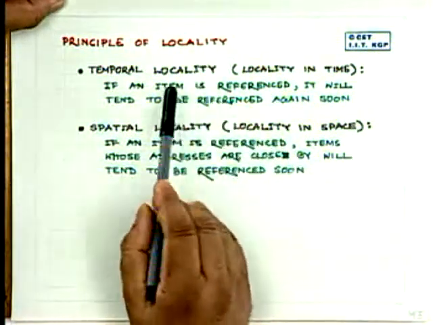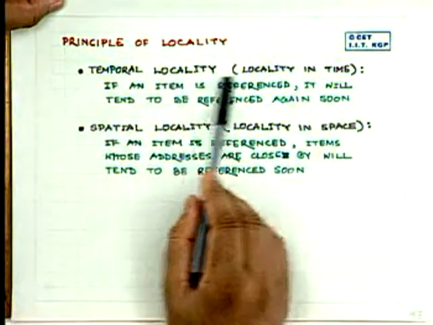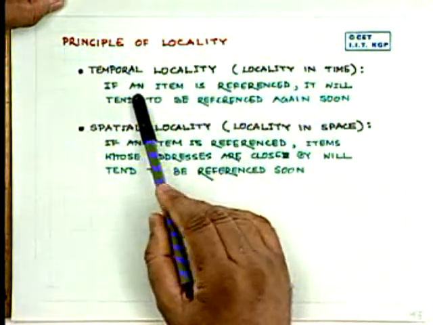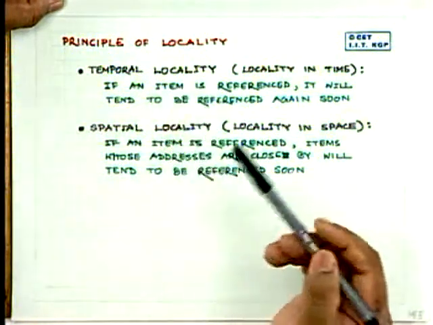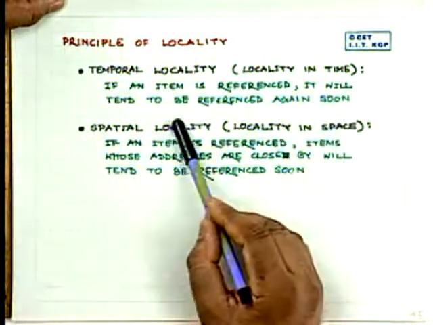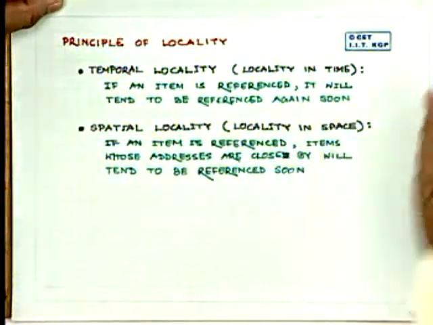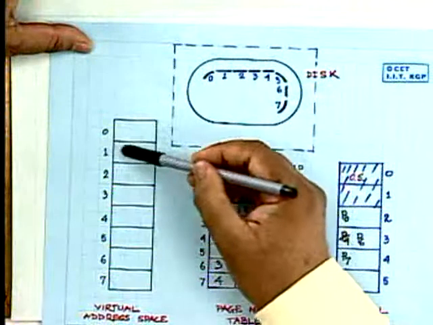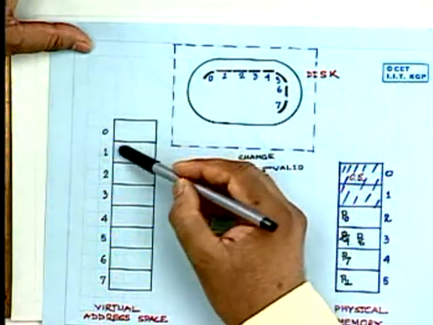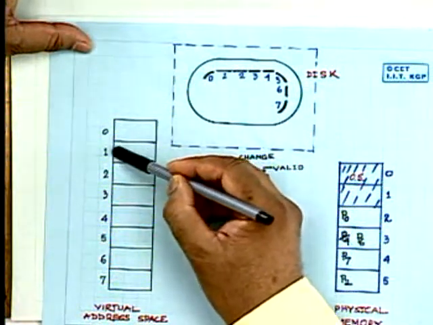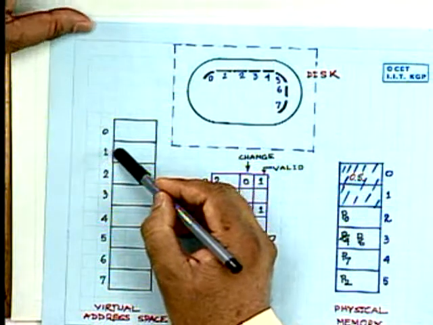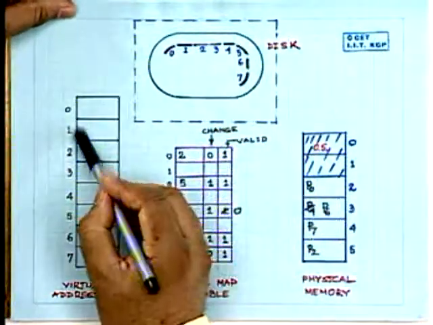The principal locality is temporal locality, that is locality in time, which says that if an item is referenced, it will tend to be referenced again soon. Which essentially means that if you are in a process executing some instructions, you tend to execute instructions nearby.